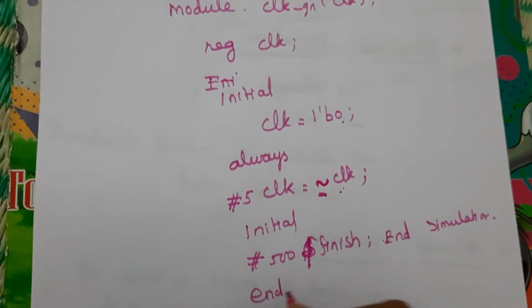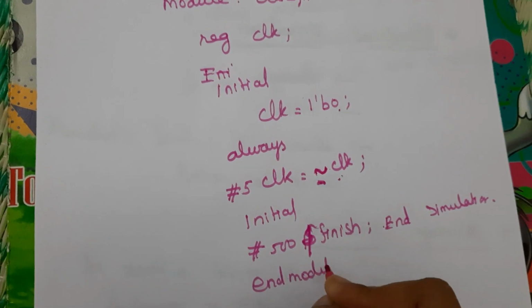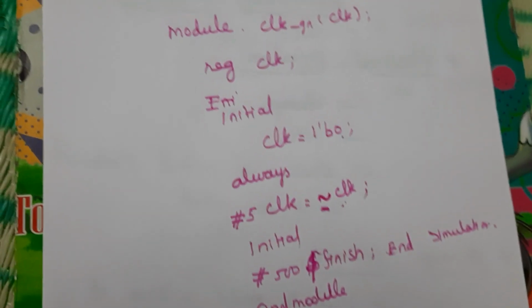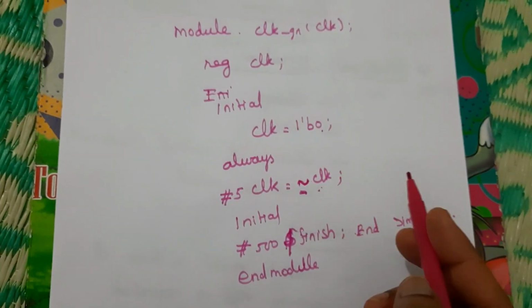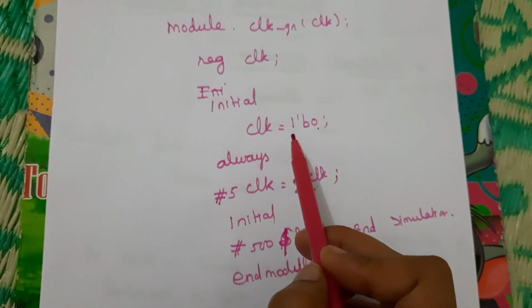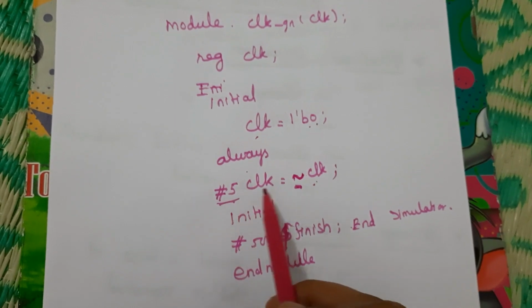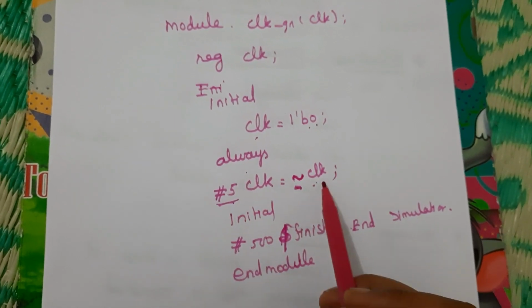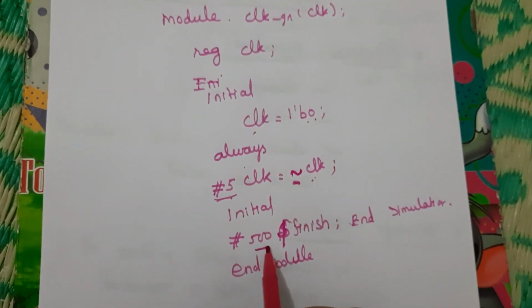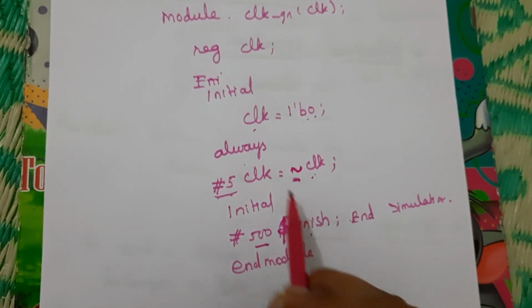And finally end the module. So this is the always and initial block. The initial block only once sets the value of this clock, and always, for every 5 nanoseconds, it repeats that operation. So after this 500 nanoseconds is reached, we finish the simulation.